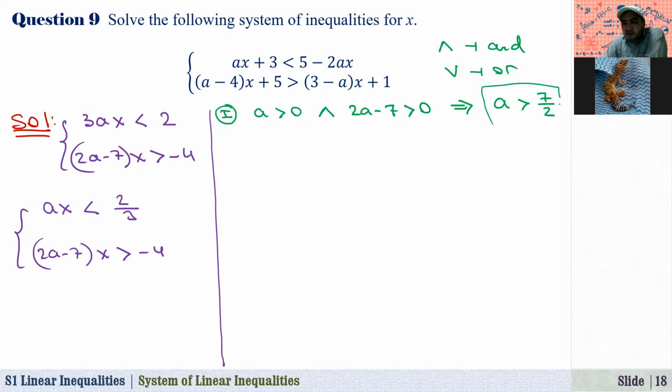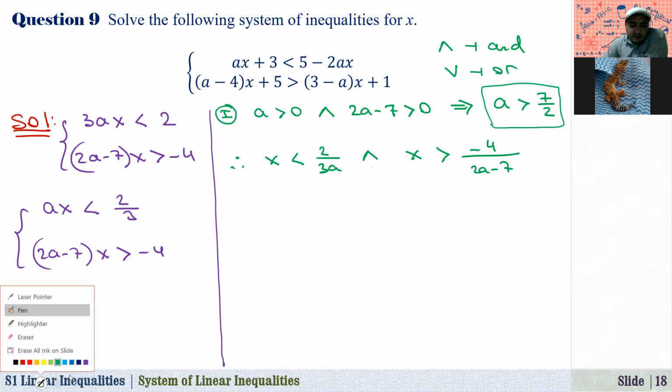We are just considering this case when a is greater than 7 over 2. Because if a is greater than 7 over 2, a will be positive, and also 2a minus 7 will be positive. At the time, the solution will be, here we have x is less than 2 over 3a, and x is greater than minus 4 over 2a minus 7. This will be the solution. X should be less than this, and x should be greater than this.